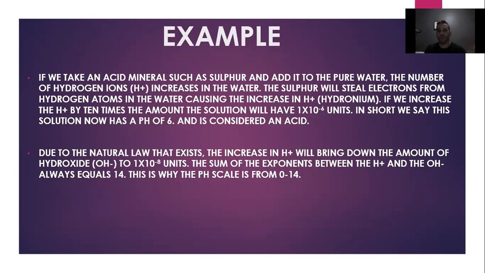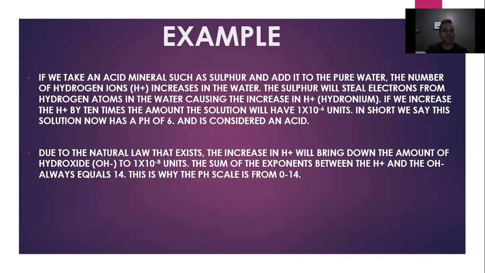That's what acid minerals do to water. They increase the hydrogen concentration. The more hydrogen concentration, the more acidic the substance becomes. The sulfur will steal electrons from hydrogen atoms in the water, causing the increase in hydronium.